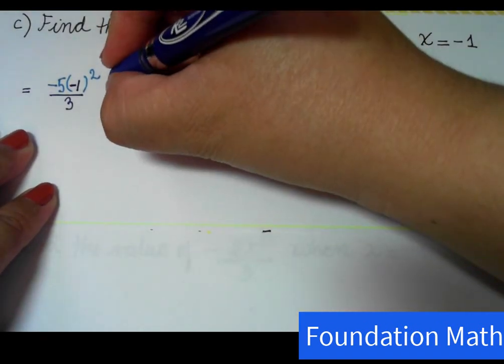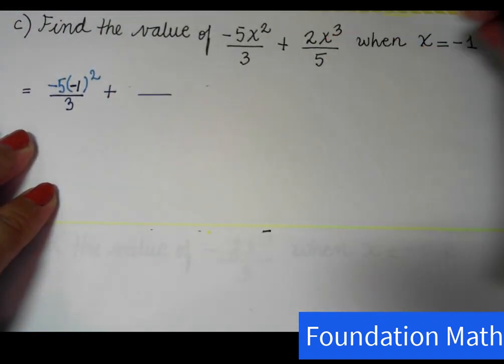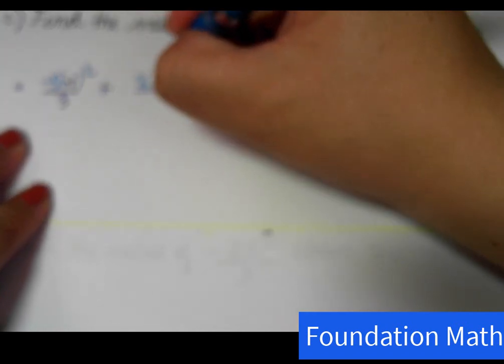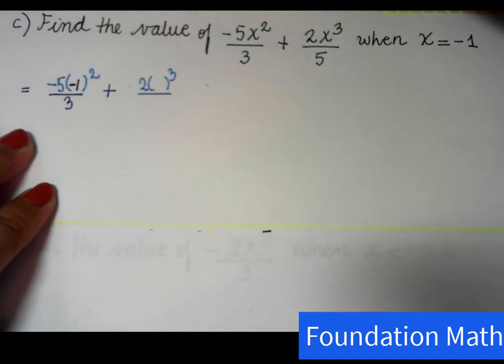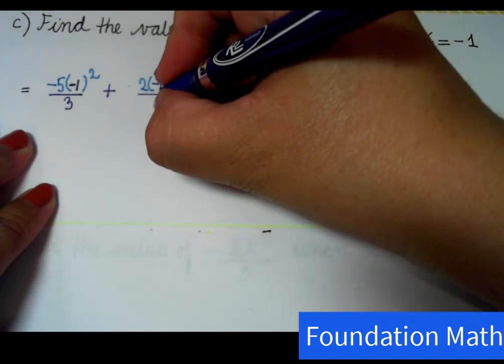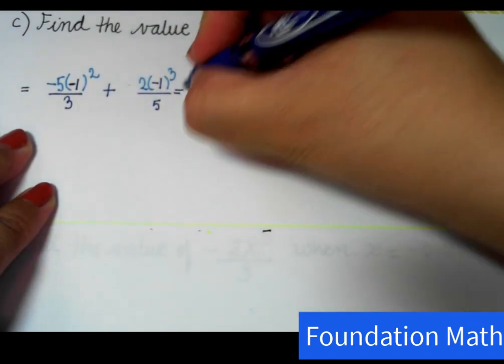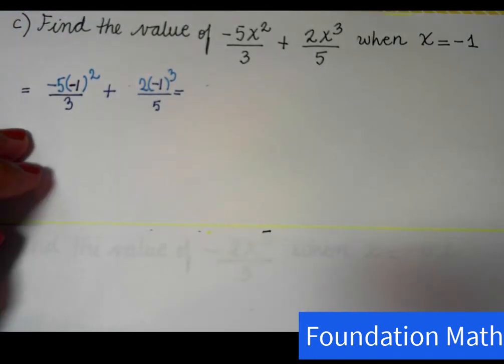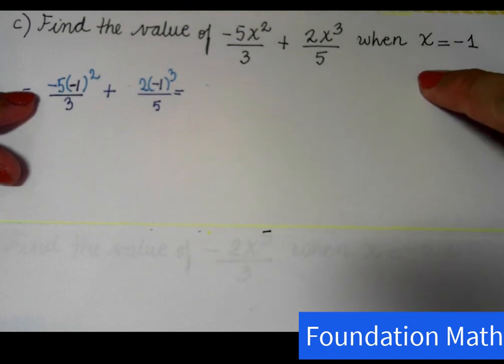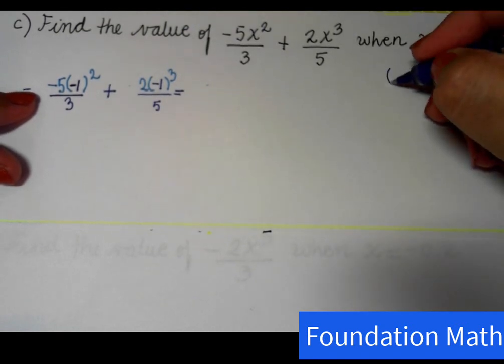Plus 2 times the value of x cubed. But the value of x is negative 1, remember. Over 5. Perfect. No mistakes.